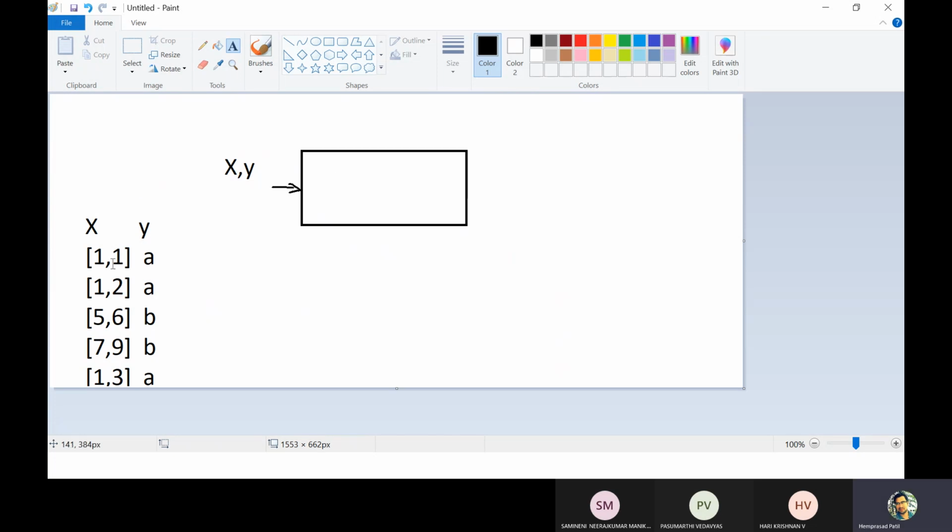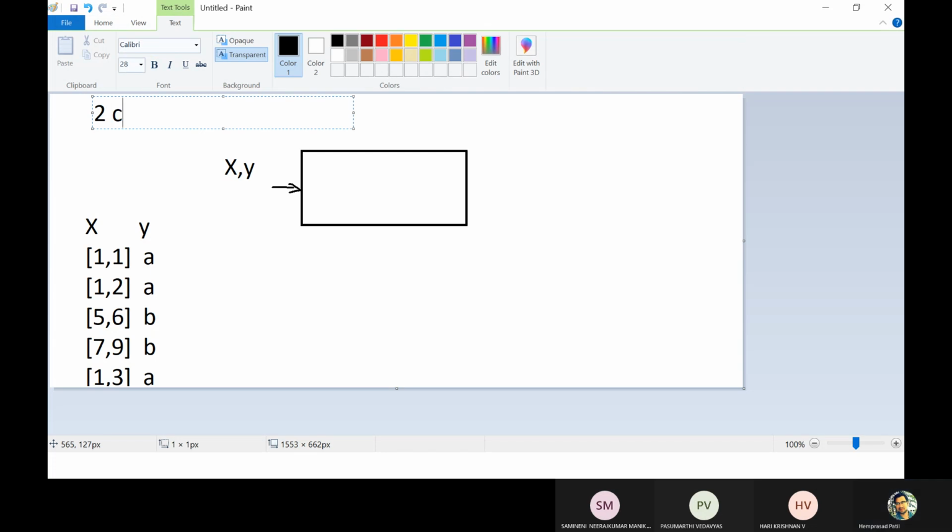Just observe carefully. These are the data points. How many samples are there? 1, 2, 3, 4, 5 samples are there. 5 rows, so 5 samples. And how many classes? Just observe this Y column. How many unique classes are there? Only 2 unique classes, A and B.